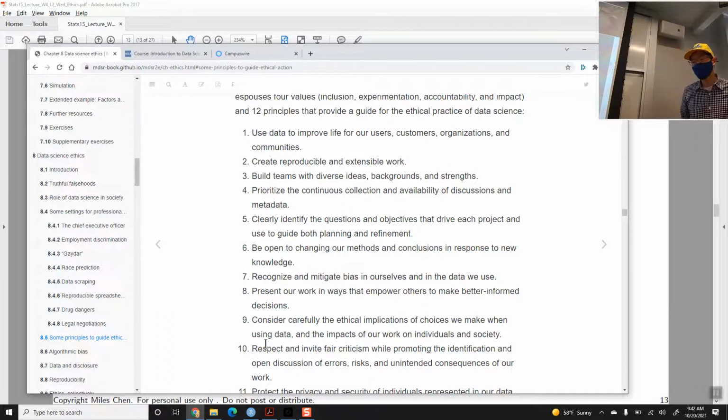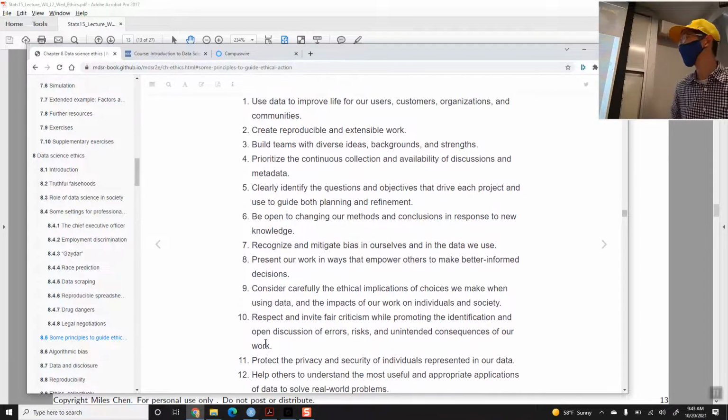And so individually we need to make choices and decisions about what is or is not ethical, and we can have debates and conversations about this, but it's good to talk about, right? Okay, so number one, it says use data to improve life for our users, customers, organizations, and communities, right? So basically, don't use data to harm people. We want to improve people's lives and not necessarily harm them.